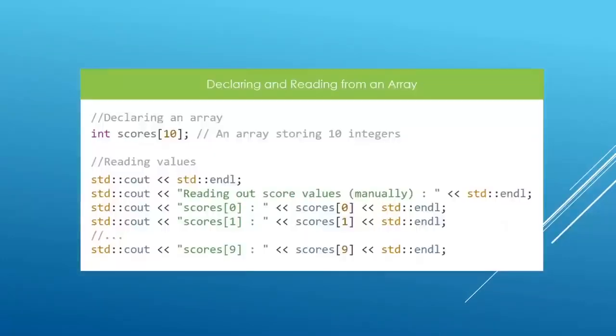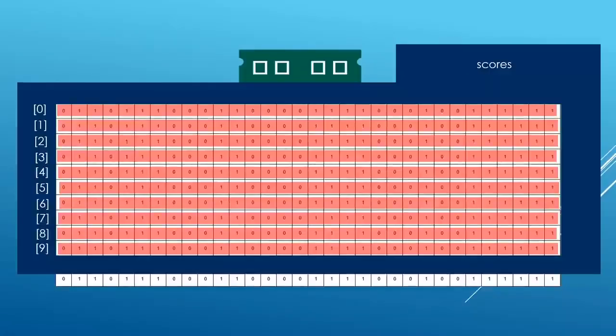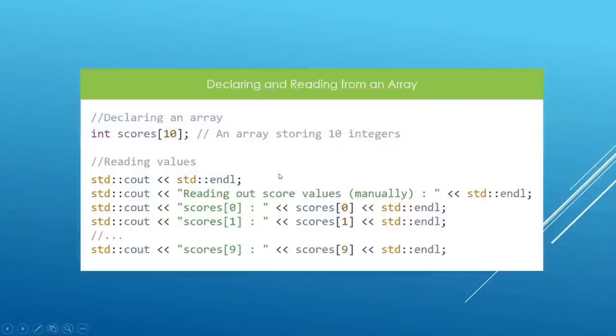After your array is declared and you have space for it in memory, we need a way to read data from it, and we're going to see how we can do that. For example, if we want to print the first of these elements, we say scores, angle brackets, and specify the index of the first element in that collection of integers called scores.